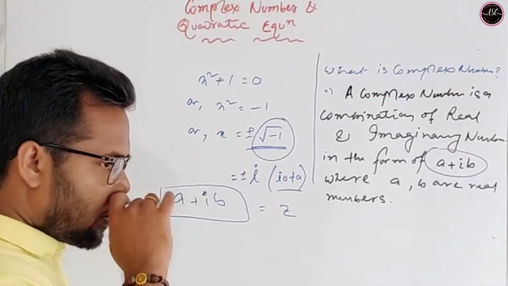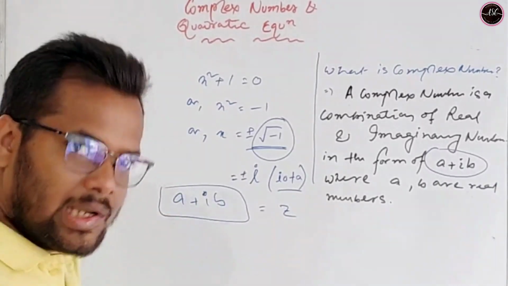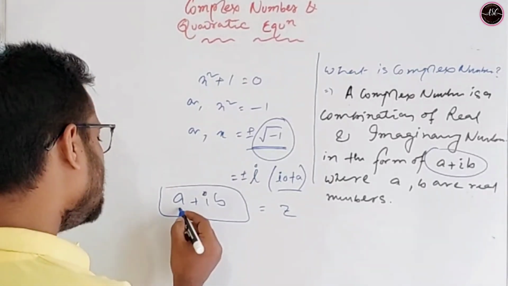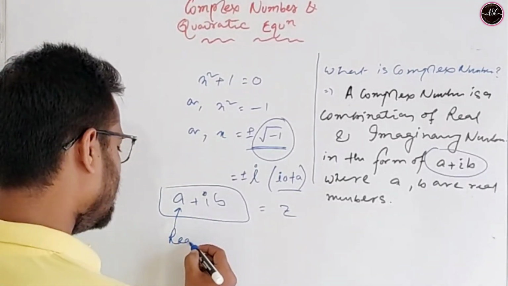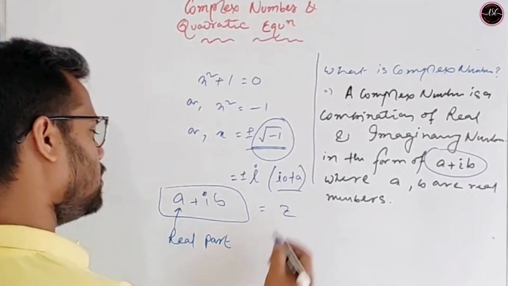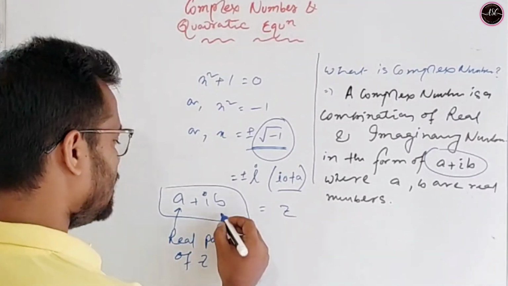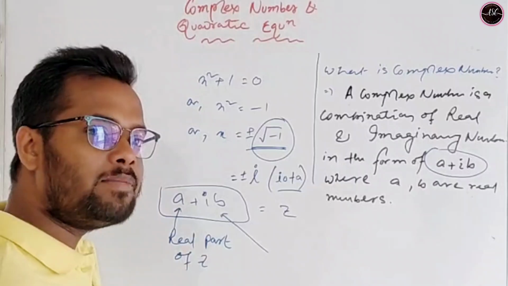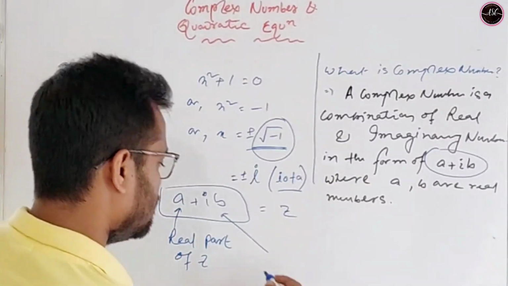Here in z, z means the complex number. Here a is the real part of z, and this part, that means the ib part, is called the imaginary part of the complex number.